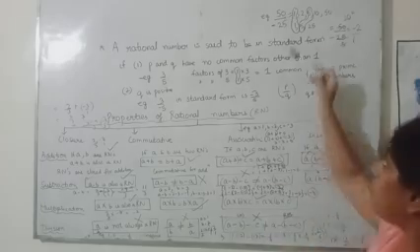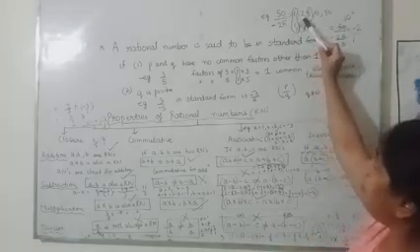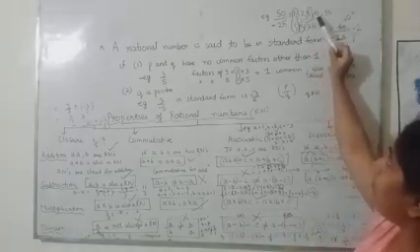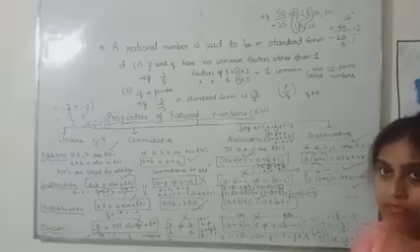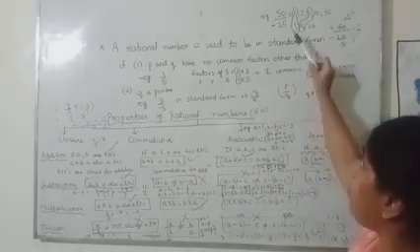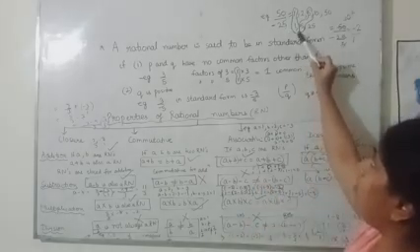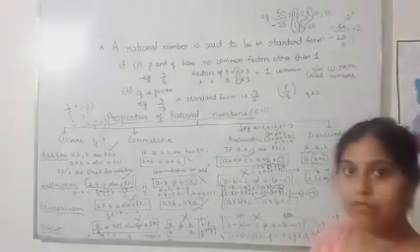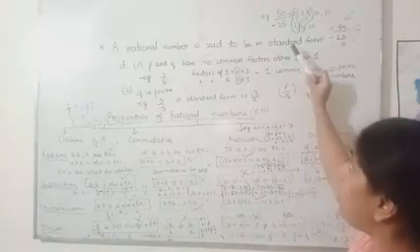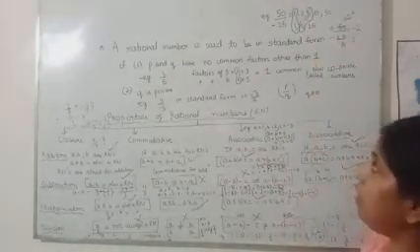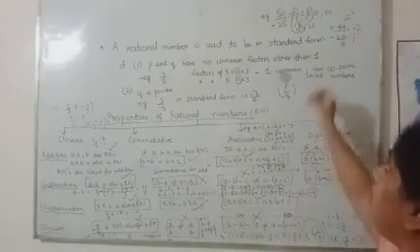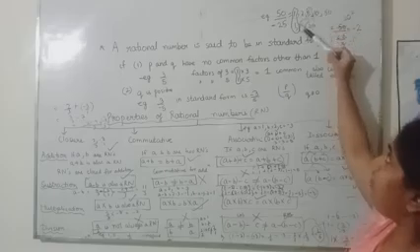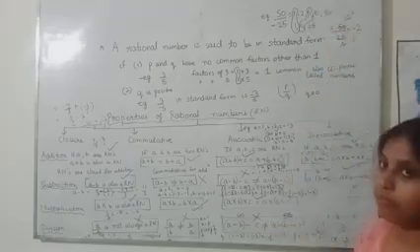The factors of 50 are 1, 2, 5, 10 and 50. And the factors of 25 are 1, 5 and the number itself, which is 25. By looking at the factors carefully, you can see that they have 1 and 5 as common factors.